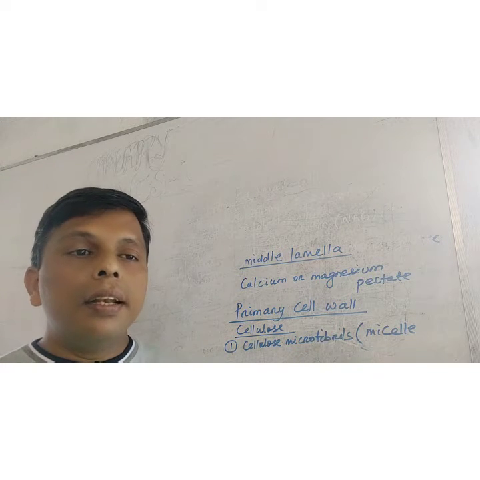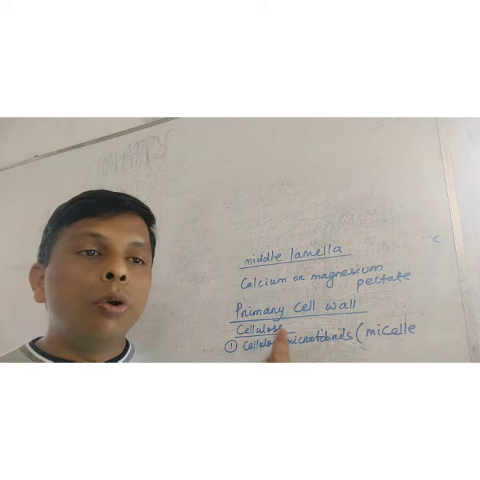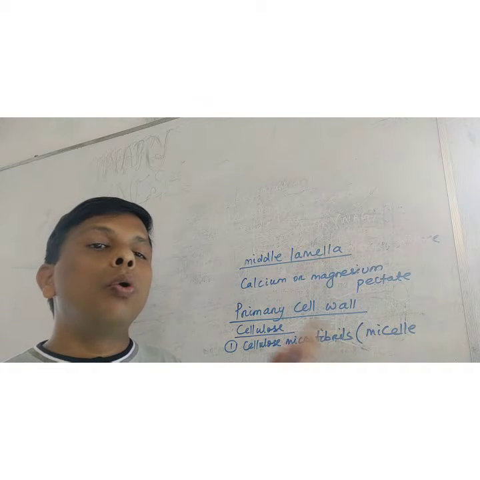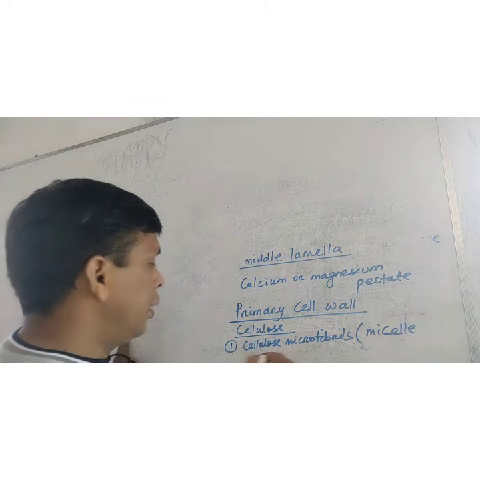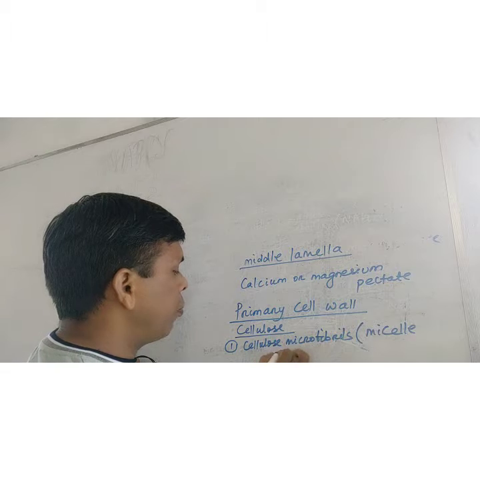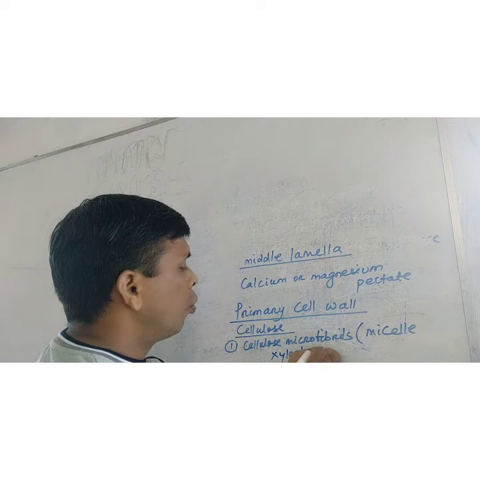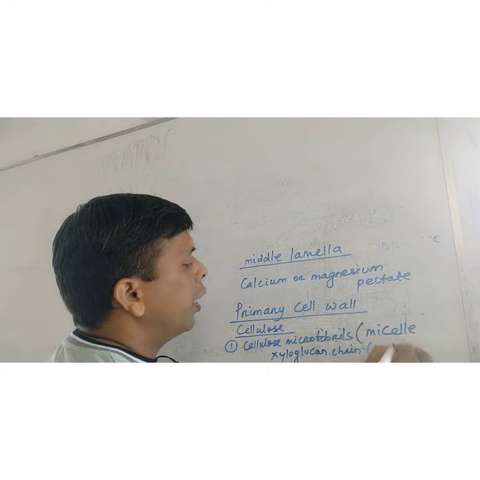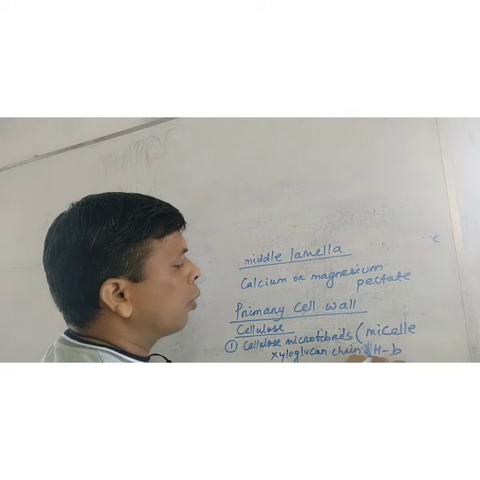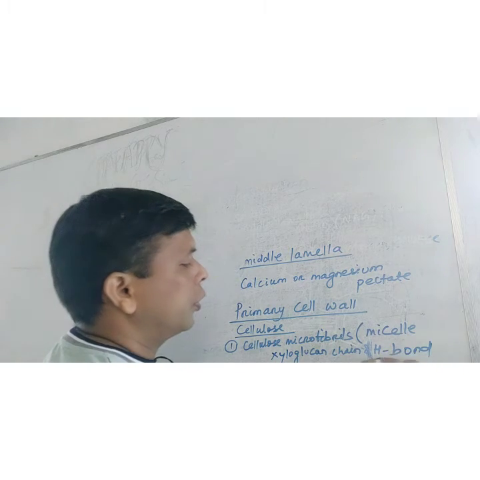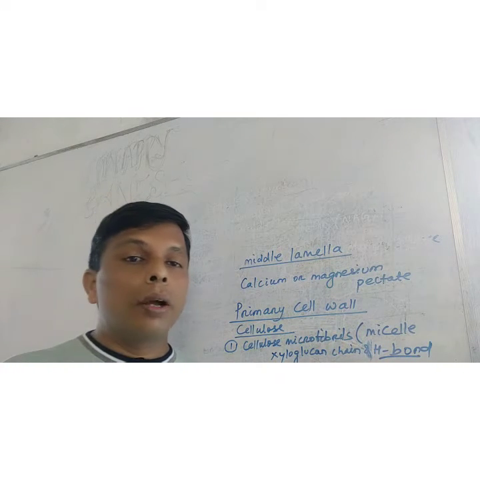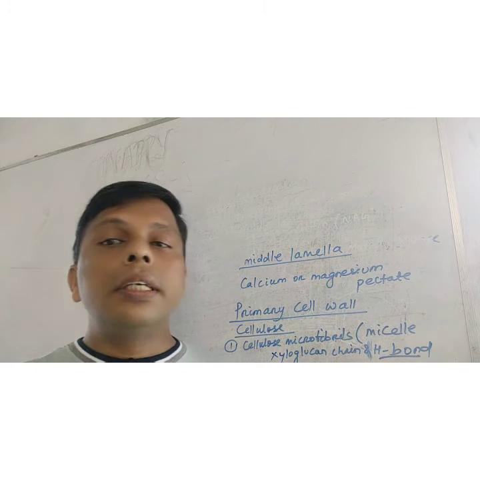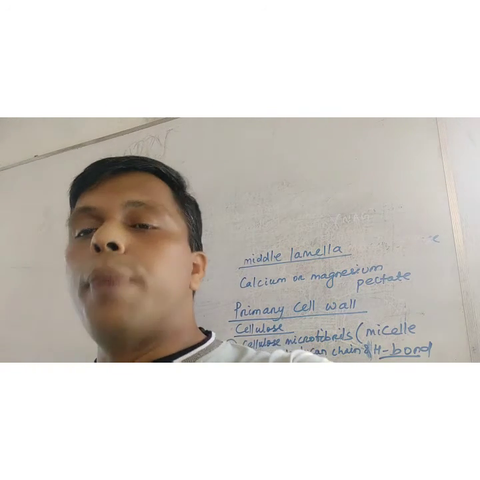The cellulose microfibrils are joined by xyloglucan chains, which are again joined by glycoglucan chains and hydrogen bonds. So it is about the first network.